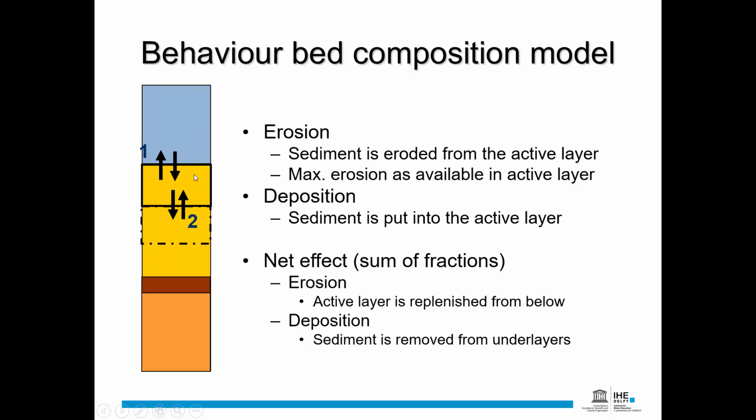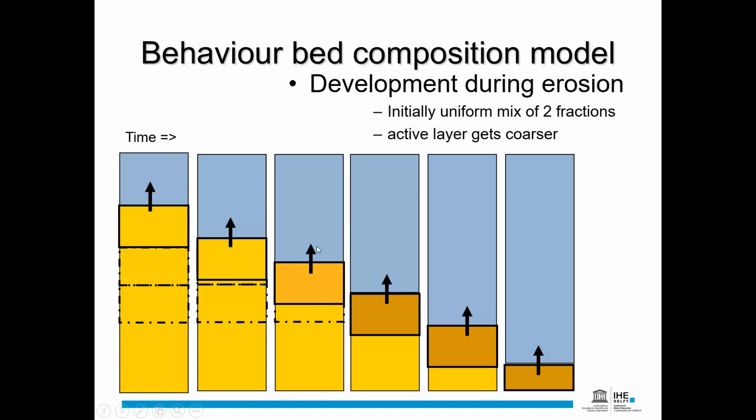So the active layer moves up, and then we will have new underlayers generated. So this active layer can have more than one fraction of sediment, which is mixed with a specific percentage in this active layer.